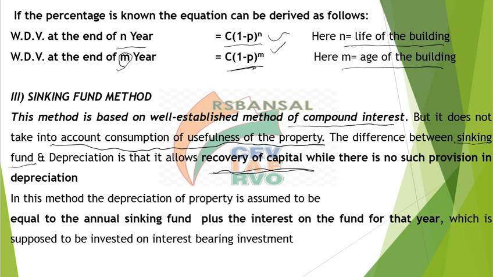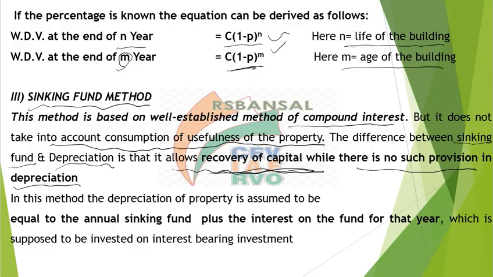So the difference between sinking fund and depreciation is that it allows recovery of capital, while there is no such provision in the depreciation. In the first two methods there was no provision for recovery of capital, but in the third method, the sinking fund method, it allows recovery of capital.